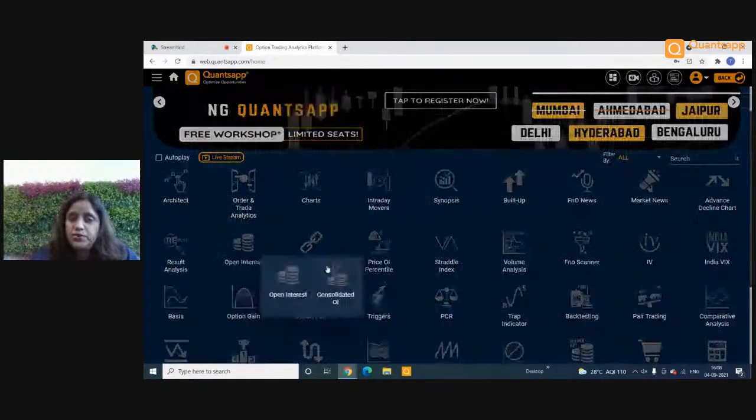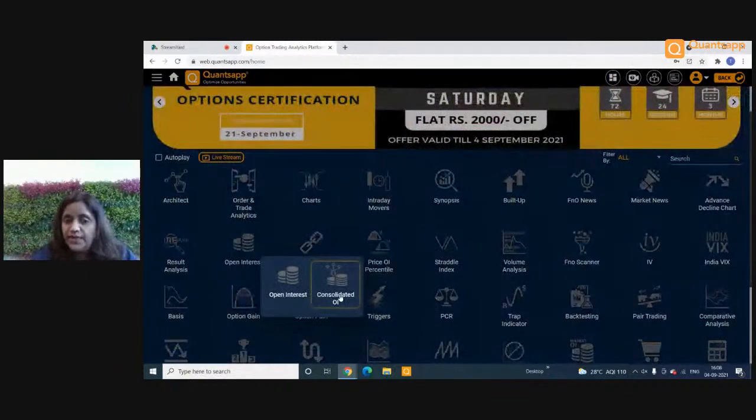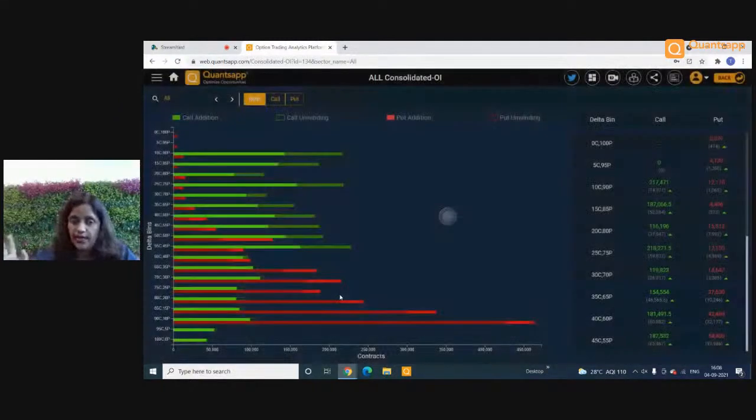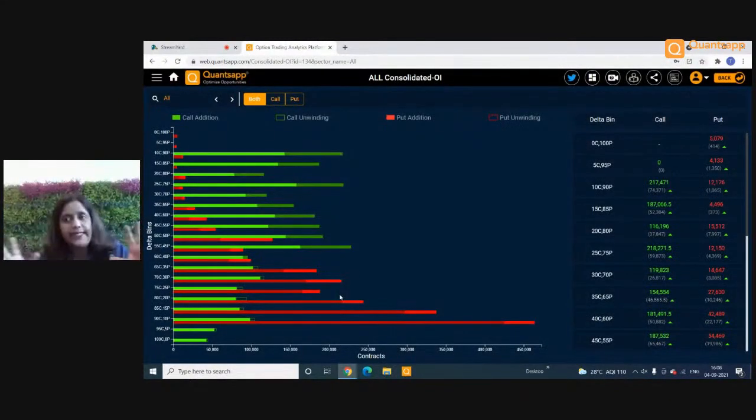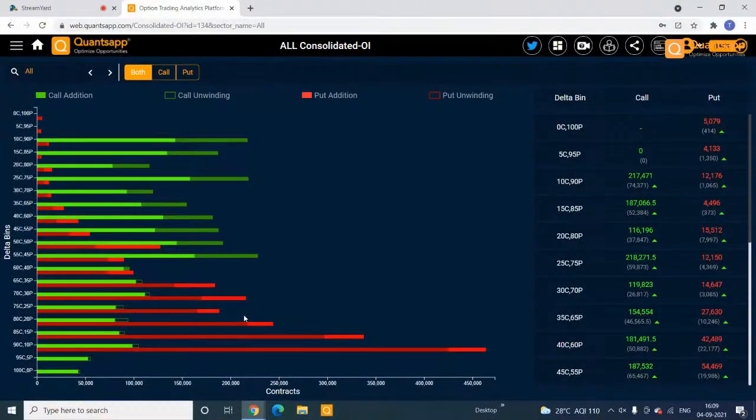So let me introduce you to the topic for today. That's the consolidated OI, also called market delta. When you come to this consolidated OI, the first thing is you really need to spend some time on the screen and understand it, and then you can analyze it very fast.